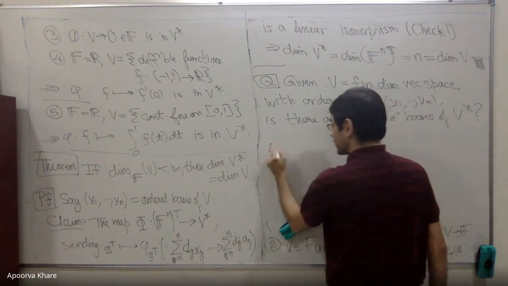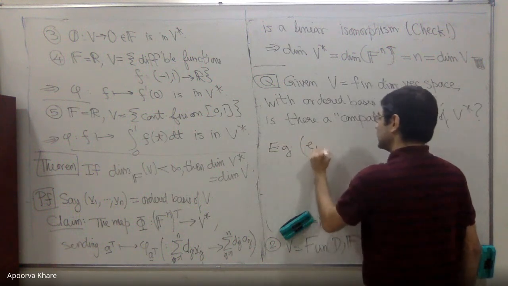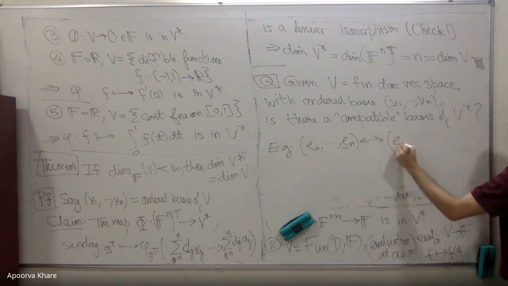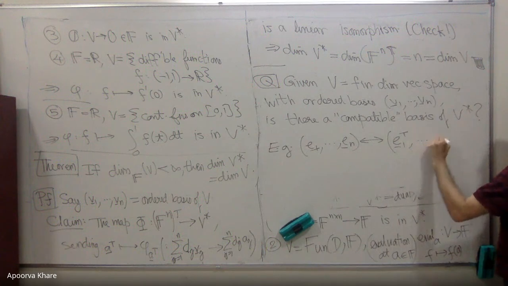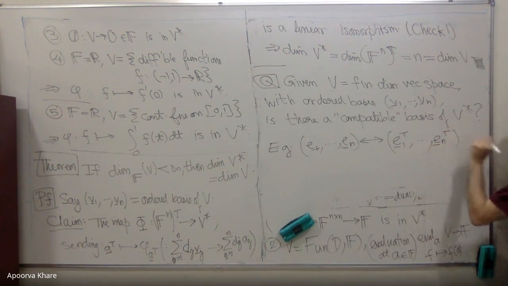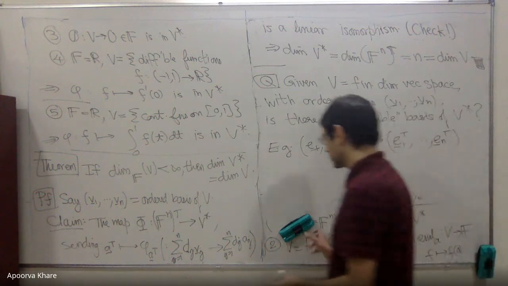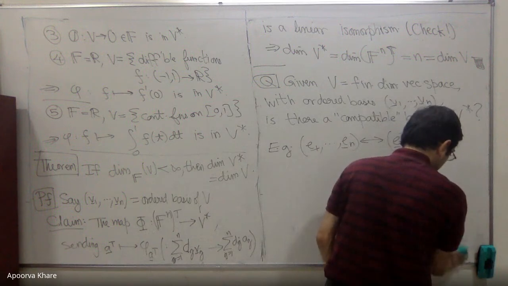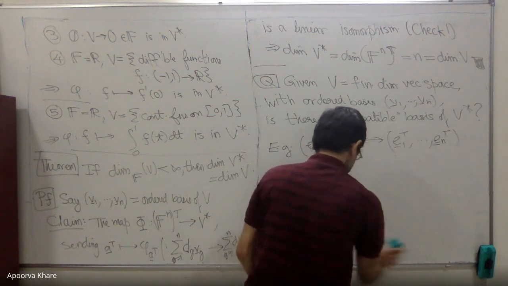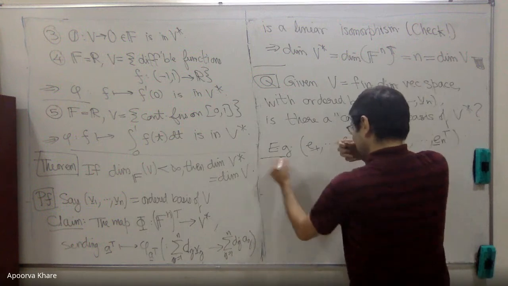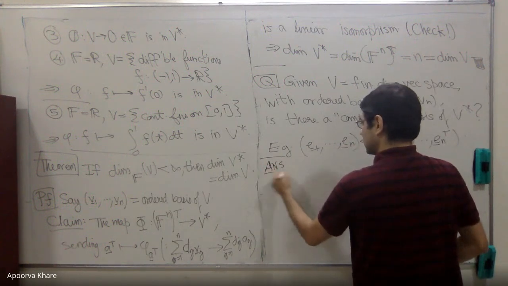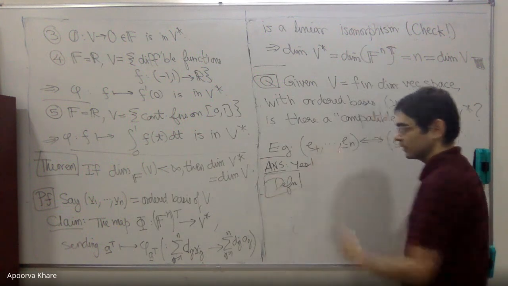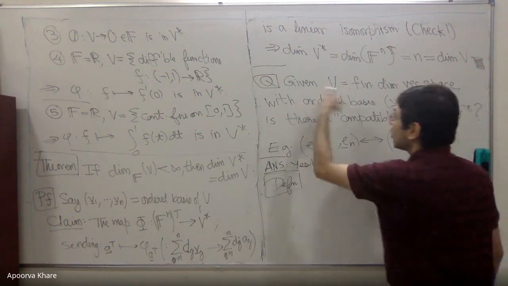of V star? For example, the basis e1, e2, through en, and correspondingly the basis of rows e1 transpose through en transpose. And the answer is yes, and this is called a dual basis. So let me first define it, and then I will claim and prove that it is indeed a basis. Definition.